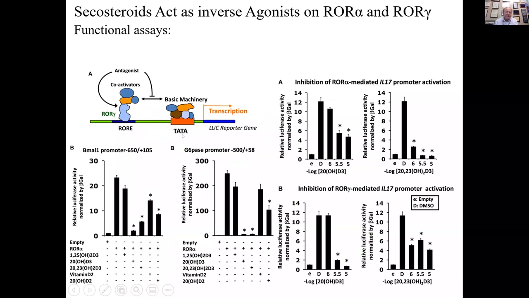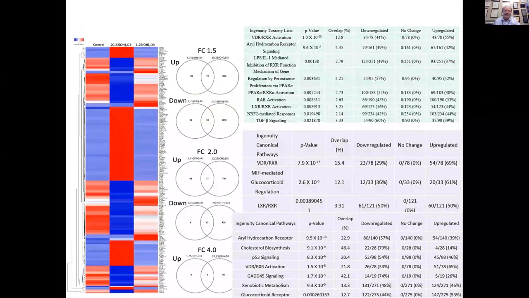So he used his models and checked the transcriptional activity downstream of ROR alpha and ROR gamma. The conclusion is, and it's unquestionable, the novel hydroxy derivatives of vitamin D3 generated by CYP11A1 act as reverse agonists on the ROR alpha and ROR gamma. Reverse agonist means inhibition of transcription of genes downstream of this receptor after activation of the receptor.